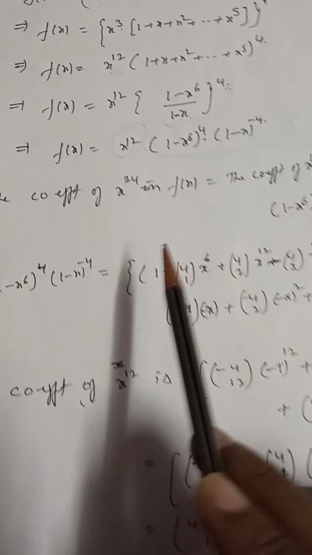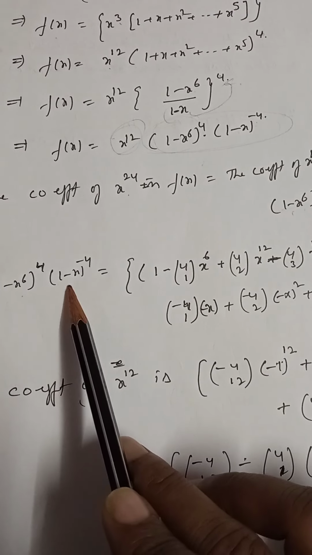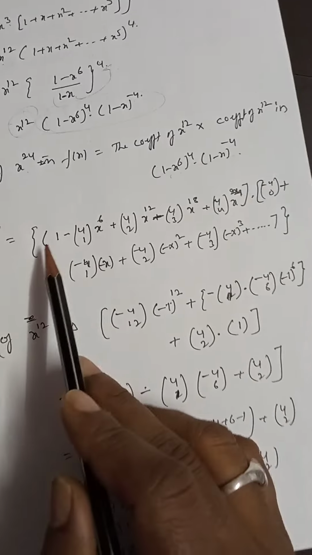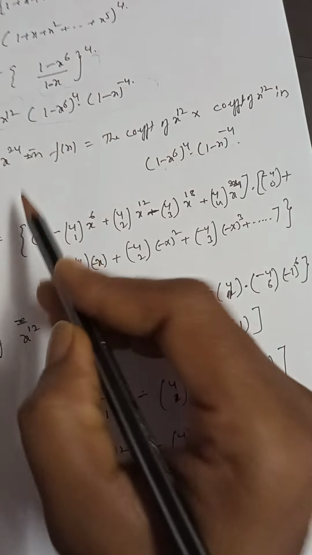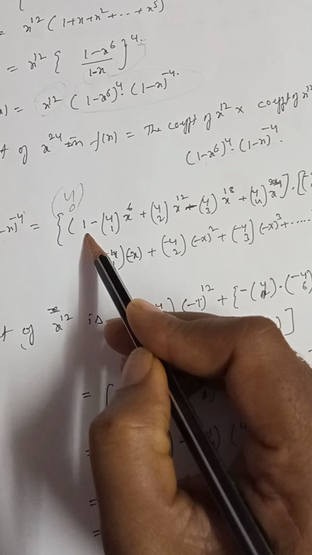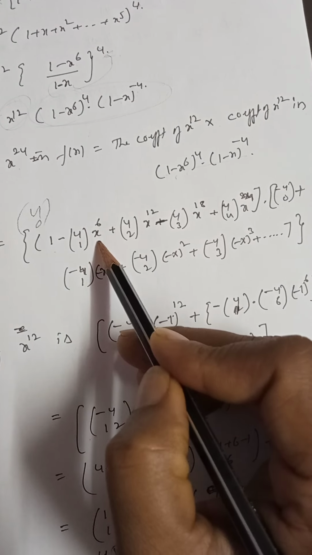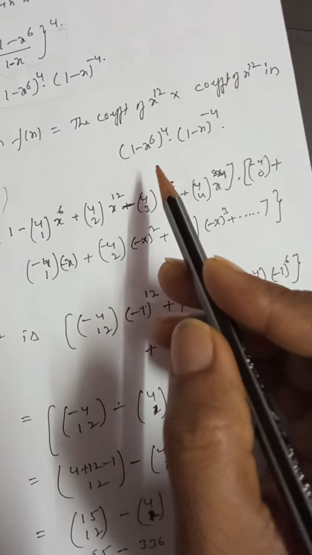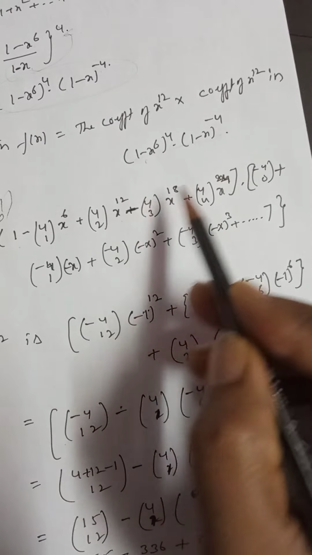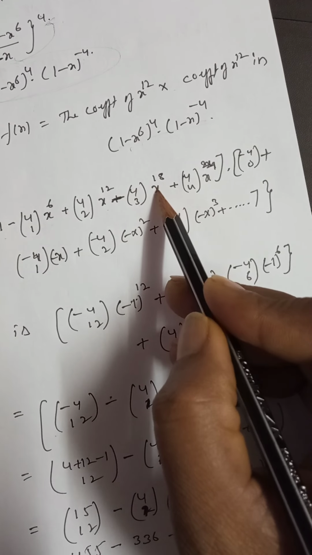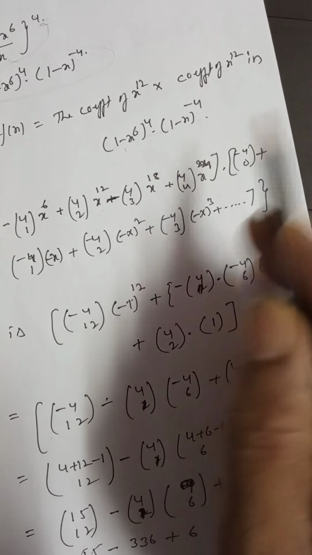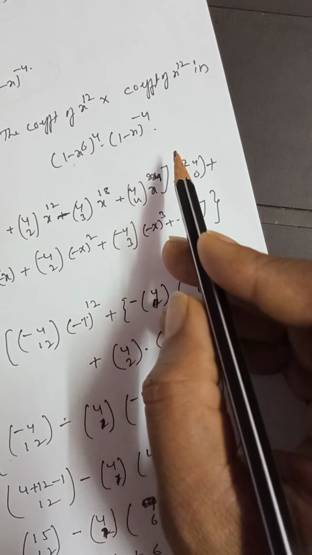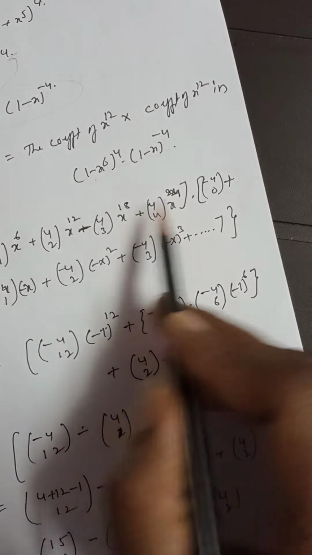Now here we are expanding this one, (1 minus x^6) whole power 4 into (1 minus x) whole power minus 4. Here this is nothing but 4C0, that is 1, minus 4C1 x^6, plus 4C2 (x^6) whole square, that is x^12, minus 4C3 (x^6) whole cube, that is x^18, plus 4C4 (x^6) whole to the power of 4, that is x^24, right? Why do we stop here?